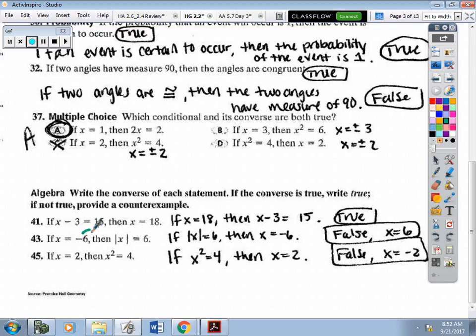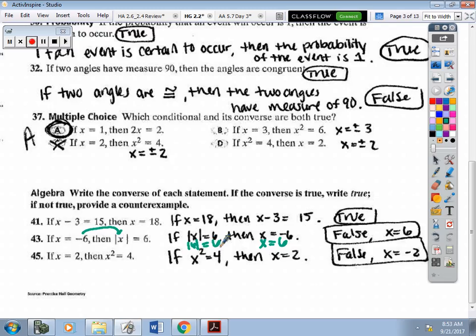And that's saying if we were to plug this in, the absolute value of -6 is +6. They didn't ask us this, but the original statement was true. The converse is to change the hypothesis and the conclusion. So if the absolute value of x equals 6, what it's telling us is that then x must equal only -6. This is false. X also could equal +6 because the absolute value of +6 would also be 6.